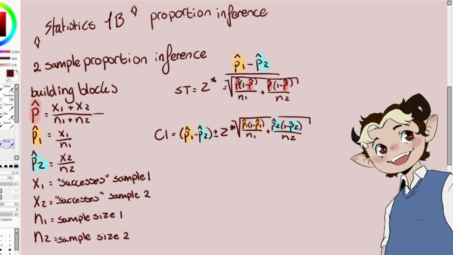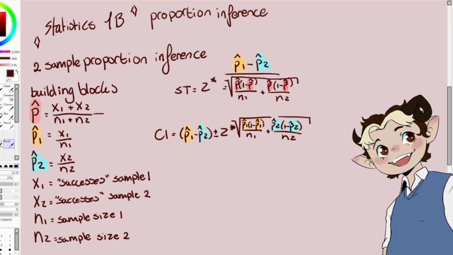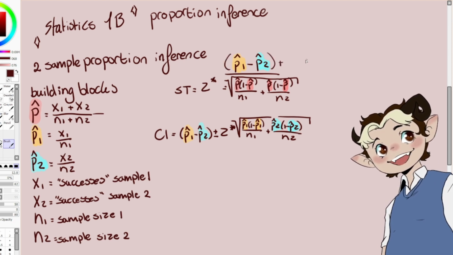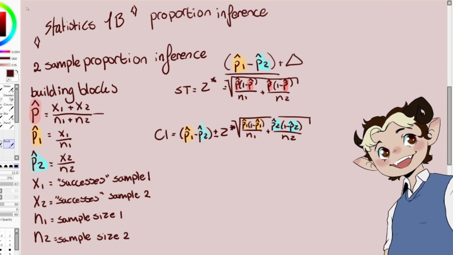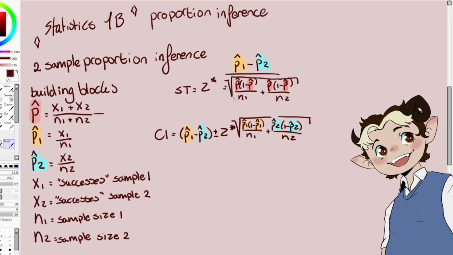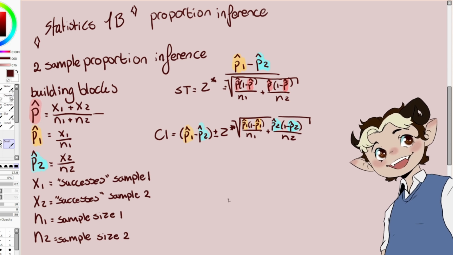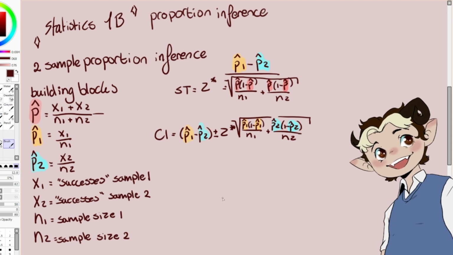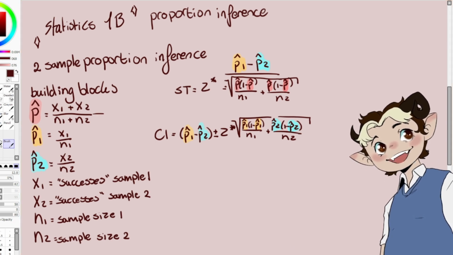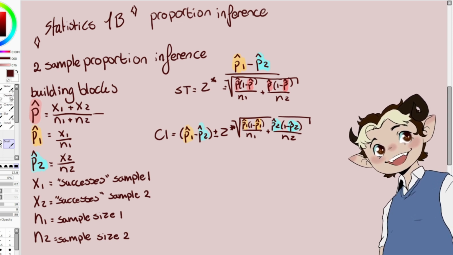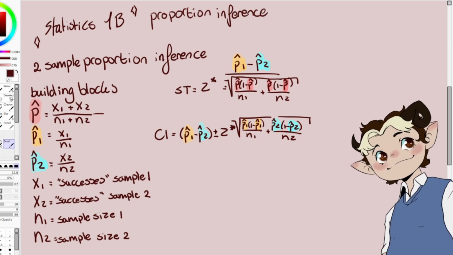This part is the same as every other two sample t procedure, where technically it is like this plus delta, but delta is 0, so we just ignore it. Yeah, this is a lot of just memorizing, I'm afraid. So let's just go over an example so I can kind of explain how to visualize it and how to use your building blocks to construct a proper proportion inference.